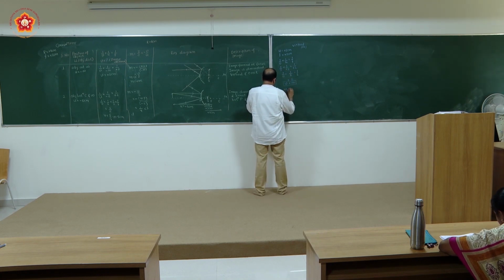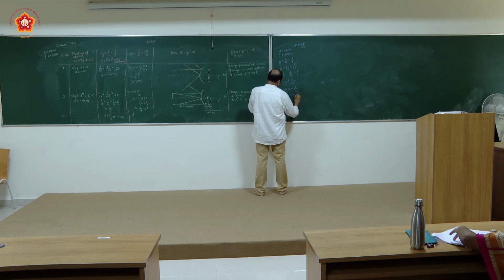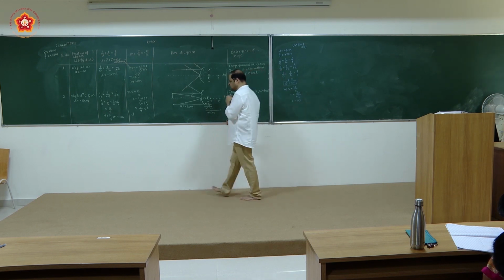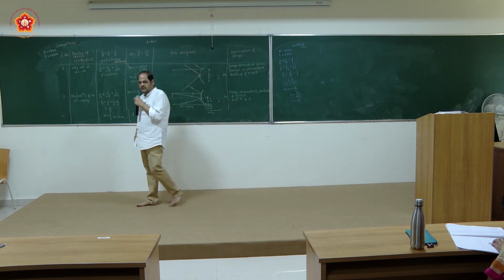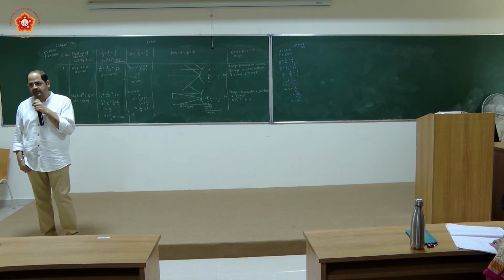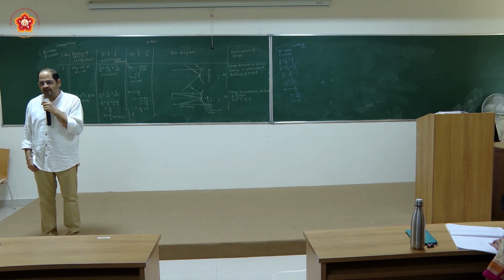M is equal to minus of v by u. So you will be having this as minus of infinity upon u. U is plus 2, so that will be taken as equal to minus of infinity. So magnification is minus infinity, मतलब real image will be formed. Real, inverted, magnified.